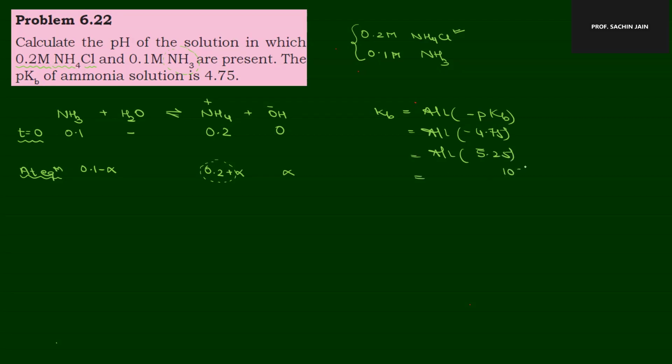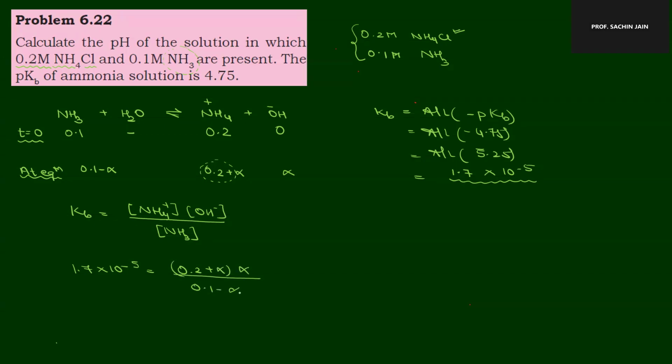Bar 5 जो है वो 10 power minus 5 हो जाएगा and 0.25 will be a value close to 2 से थोड़ा कम, ठीक है. और 1.7 could be the approximate answer. तो ये Kb हो गया. अब Kb का expression would be concentration of ammonium into the hydroxide upon ammonia. तीनों का वैल्यू we have from the ICE table and even Kb का value we have on the left hand side, 1.7 into 10 raised to minus 5 equals (0.2 plus alpha) into alpha upon (0.1 minus alpha).